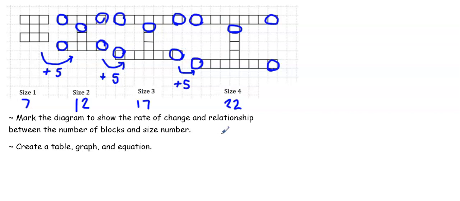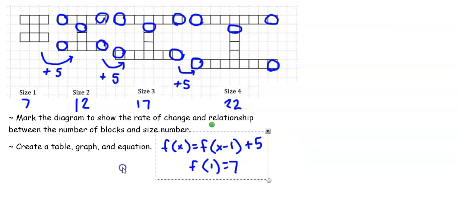So recursively, to get to the next figure, I take the previous figure and I add 5 more blocks, starting with size 1, 7 blocks. So I have a recursive equation and a recursive relationship.